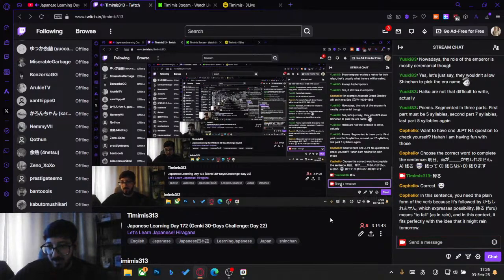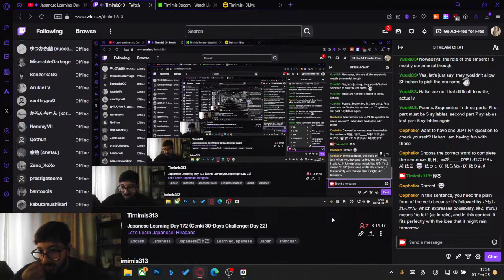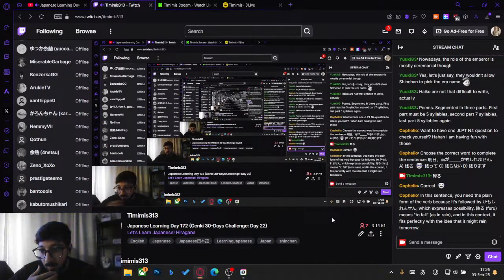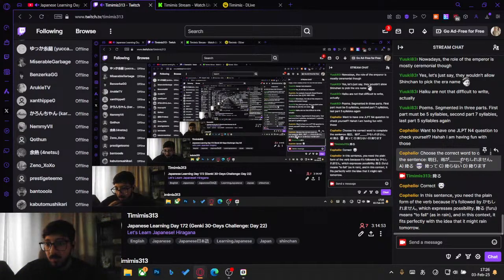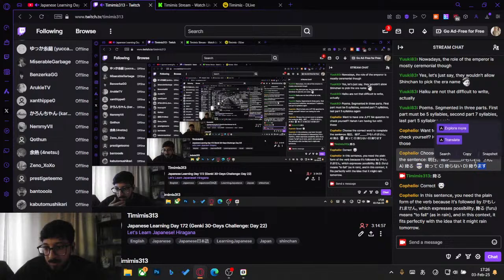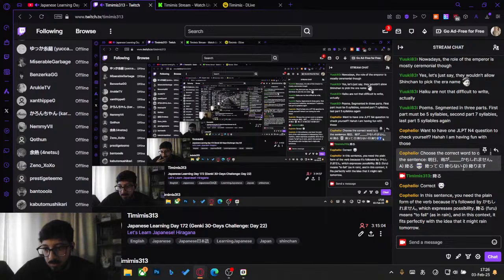In this sentence, you need the plain form of the verb because it's followed by kamoshiremasen, which expresses possibility. You cannot add furimasu because it has masu, and you cannot say furimasu kamoshiremasen. It must be at the end of the sentence.